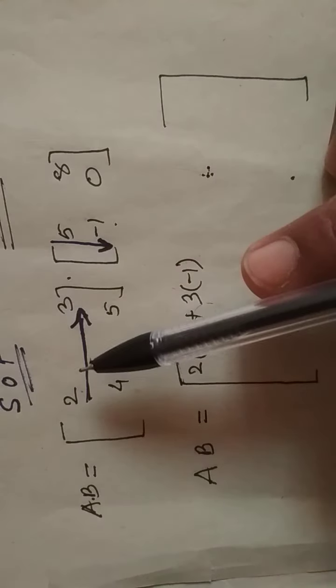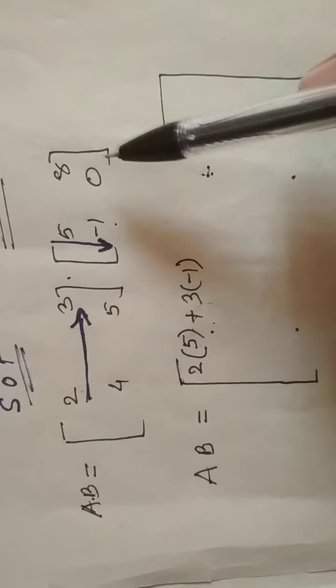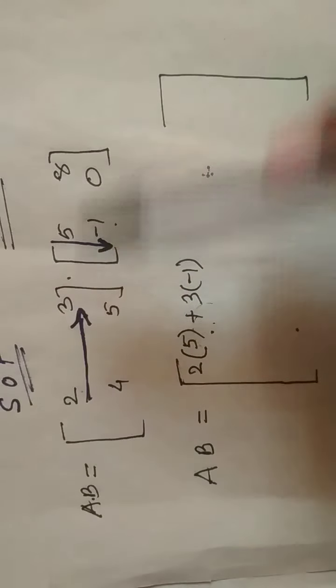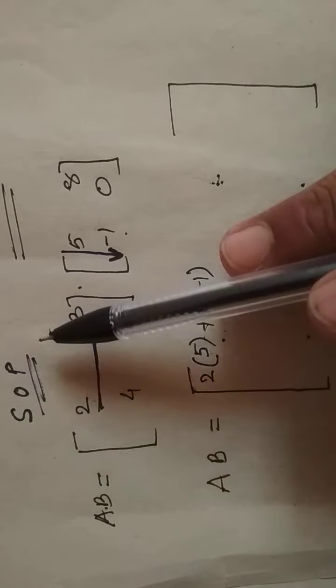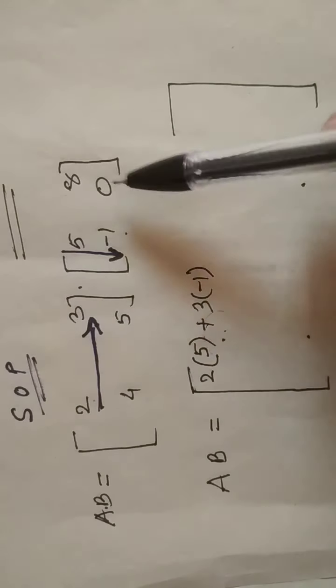So the first row of the first matrix is multiplied with the second column of the second matrix. So row with column we have to multiply. Again SOP, sum of the products: 2 multiplied by 8 plus 3 multiplied by 0.